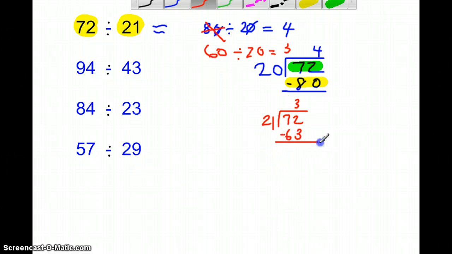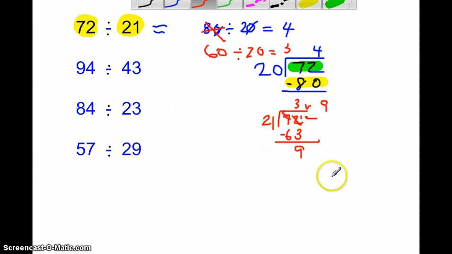Well, let me subtract that. This becomes a 12, and this becomes a 6. 12 minus 3 is 9. And can I divide 9 by 21? Nope. So that's my remainder.